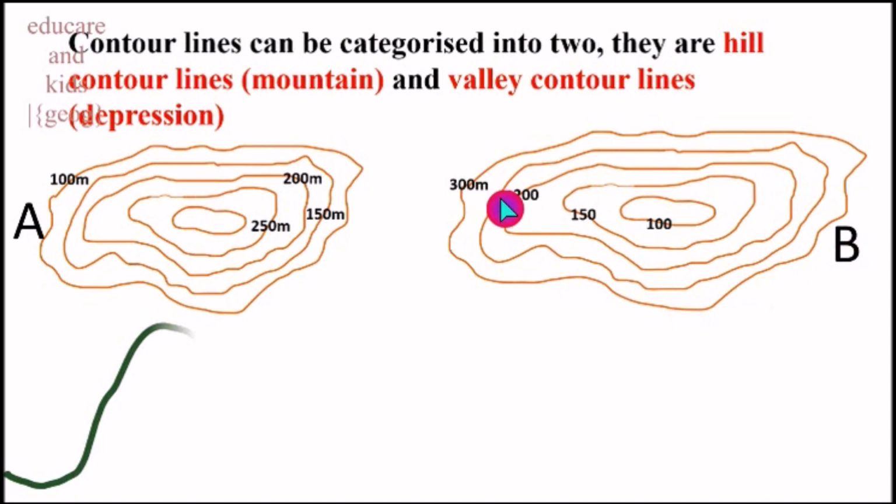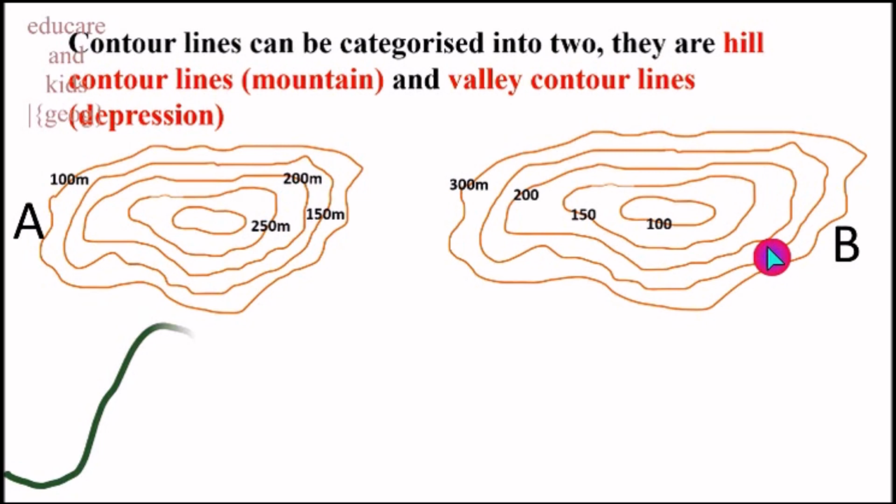This is telling us that contour A is representing a mountain or a highland, because practically when we are climbing a mountain, you start from where? The lowest to the highest. Then contour B is representing a valley, because practically when we are descending a valley, you descend from where?